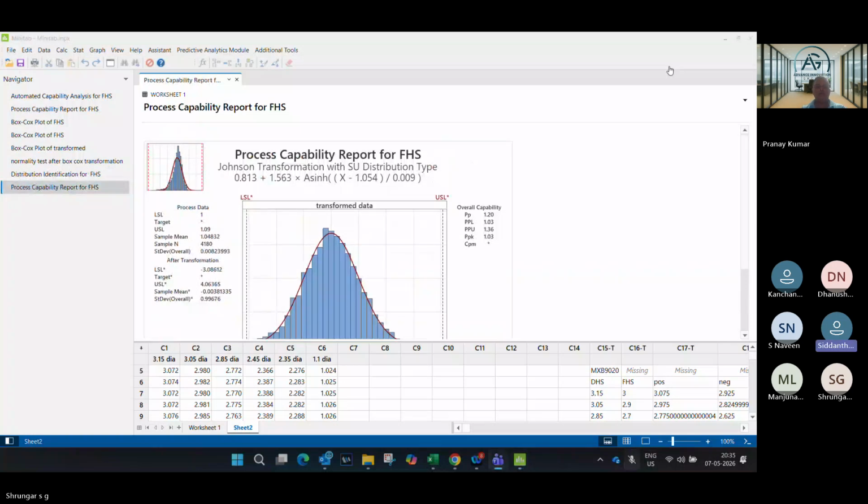Okay. So for example, for this same graph, for this data, my customer target for the CPK is asking for 1.67. Go and do that Z calculation again.